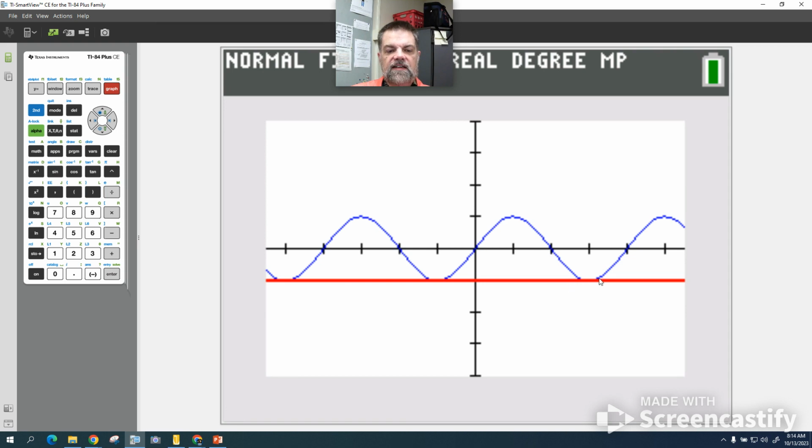Again, that red line intersects the blue line. We could zoom in more to see it, but you could see clearly it intersects that blue line. So that does exist. I'm not going to do it today, but there is a way to see exactly where they intersect. Okay?